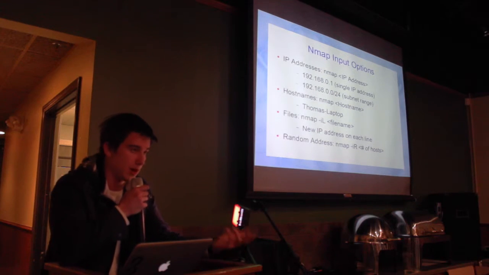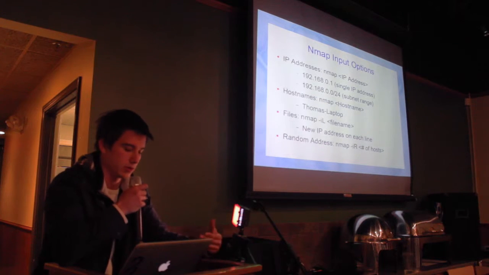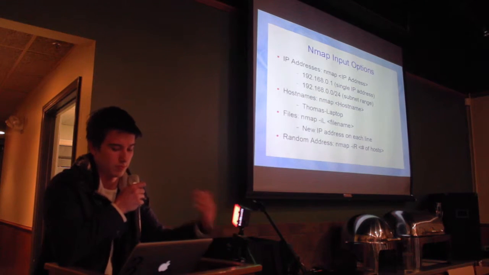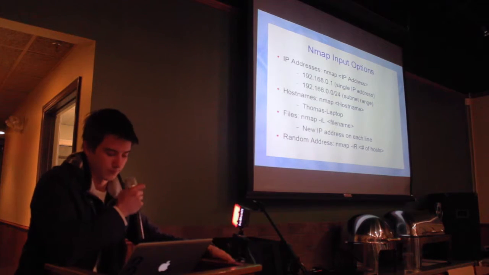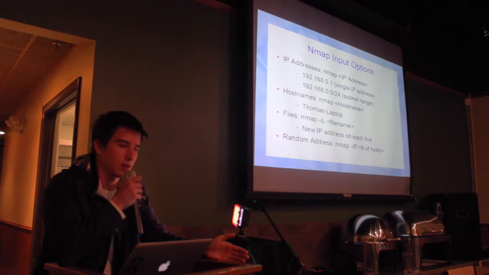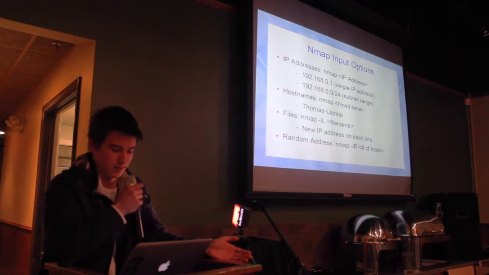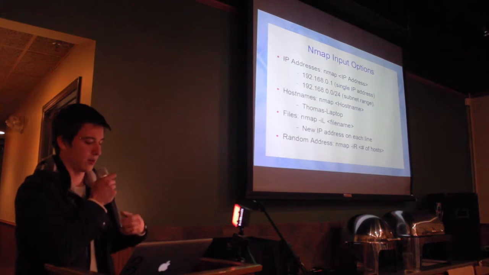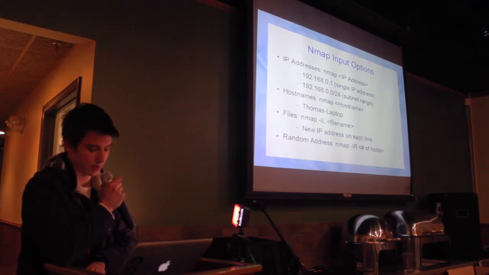You can also use a file name: if you have specific addresses that you don't want to type in one by one, just throw in a file name, and Nmap will scan the file and do whatever you want it to do. It's very nice. Also, if you're of a certain malicious type or have some other reason to scan random IP addresses on the internet, I won't judge, but there is an option for that. You just give it an -iR flag and the number of hosts you want to scan, and Nmap will keep track of all that.